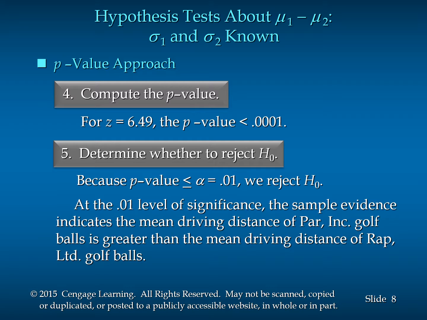Because that p-value is much less than our significance level alpha of 0.01, we reject the null hypothesis. And restating, at a 99% confidence or a 0.01 level of significance, the sample indicates that the mean driving distance of the first golf ball is greater than the mean driving distance of the second.